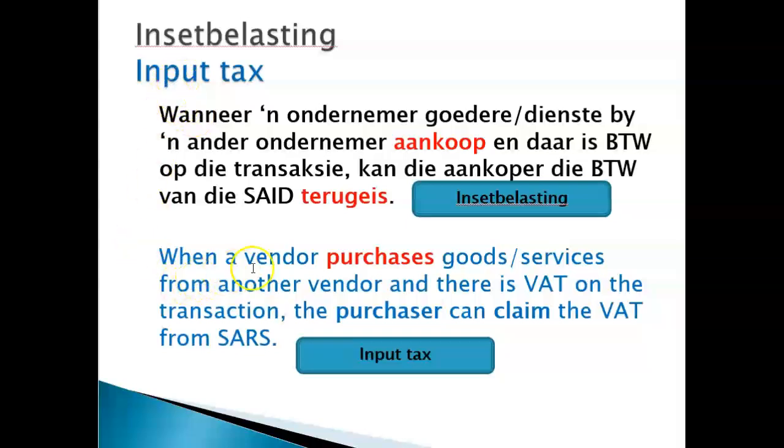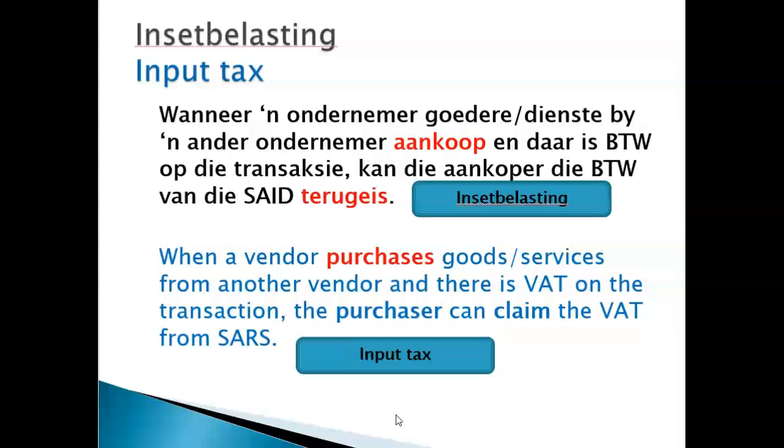Input tax. When a vendor purchases goods or services from another vendor and there's VAT on the transaction, the purchaser can claim the VAT. Here, I must be a VAT vendor in order to claim VAT back from source. And obviously, I need a VAT invoice to claim the VAT back from source. Only VAT vendors can issue a VAT invoice.